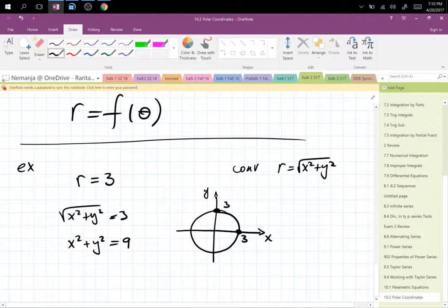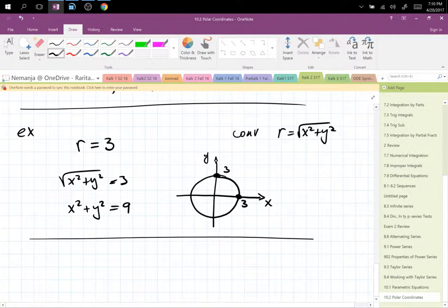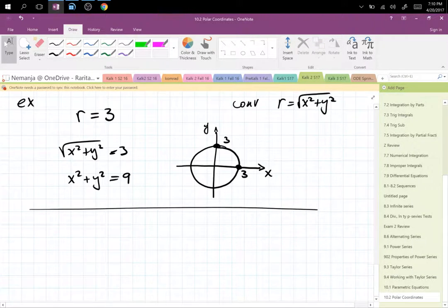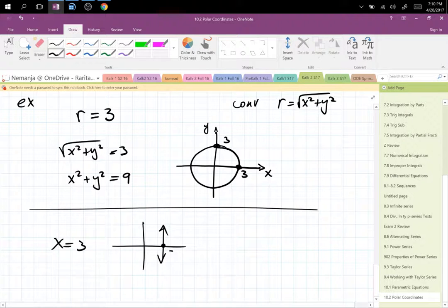Do you remember the simple equations in the xy world? Like what's x equals 3? What is that equation? It's a vertical line through 3, right? And what was the equation y equals negative 2? Horizontal line through negative 2, right?